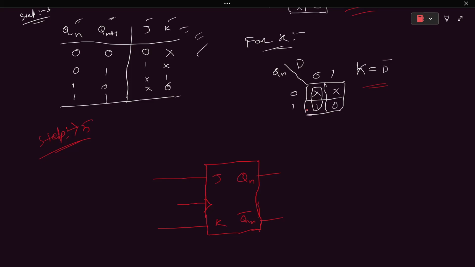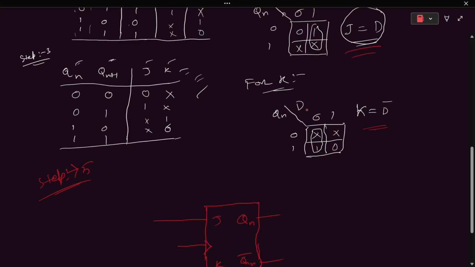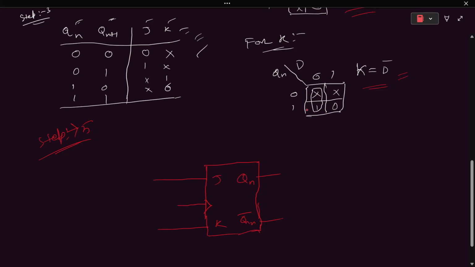After that, we must build the D flip-flop using that flip-flop. We had J equal to D and K equal to D complement. So here is the input for the D flip-flop, D. D is equal to J, which means we directly connect D to J. Now the question arises, what will K be?